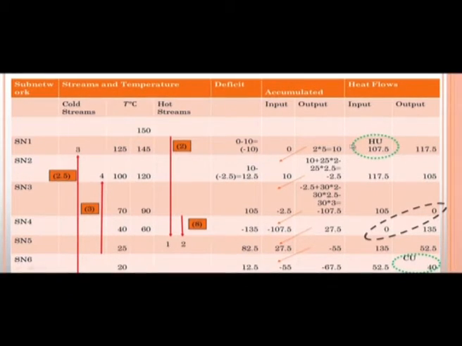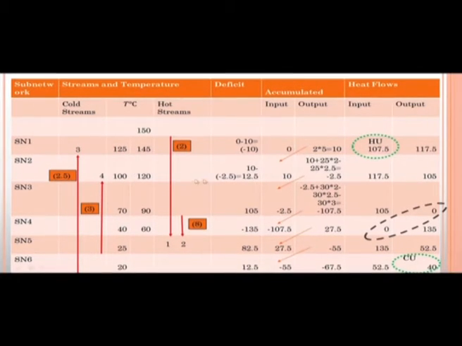Then what is the output of this particular subnetwork? That means the output of subnetwork 1 will go as the input of subnetwork 2. So, this has an input of 10, and then we consider that there are two streams, one having 2.5 heat capacity rate, another having 2 heat capacity rate.